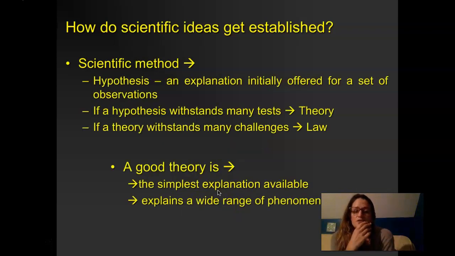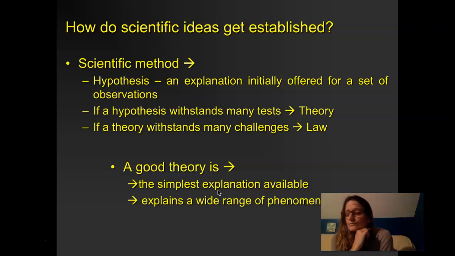So the initial hypothesis is an explanation, and if you go through the scientific method and that hypothesis is going to withstand many tests, then we come up with what's called a theory. So a theory in science is something that has been proven many times.